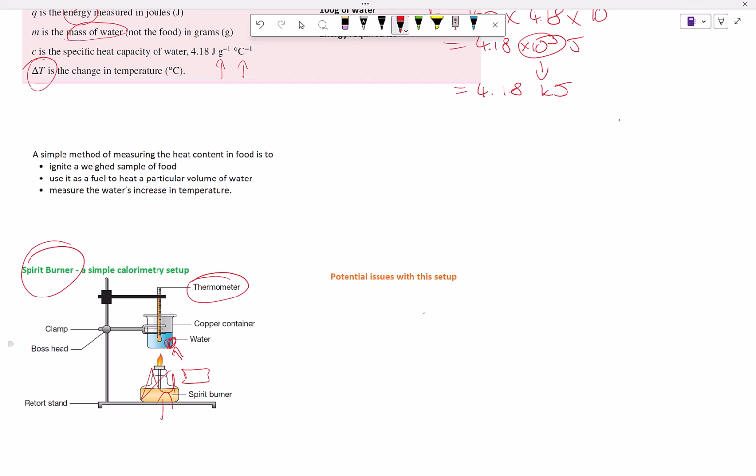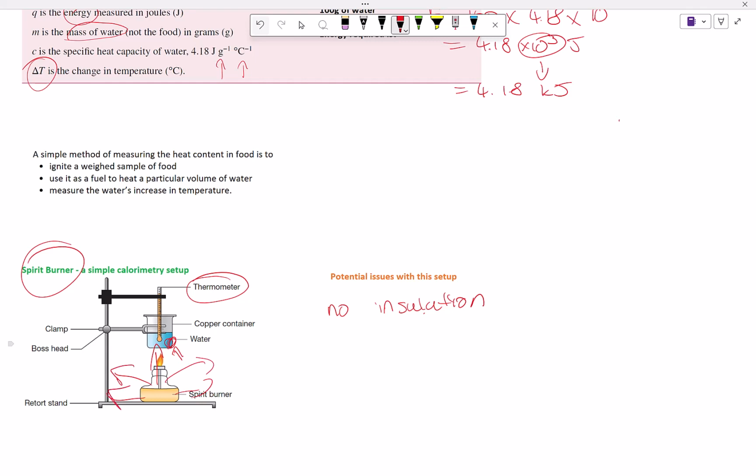A potential issue of using this sort of setup is there's no insulation. It's a big issue with a setup like this. It means that when the energy is released, rather than going all into that water, the energy is going out here as well.